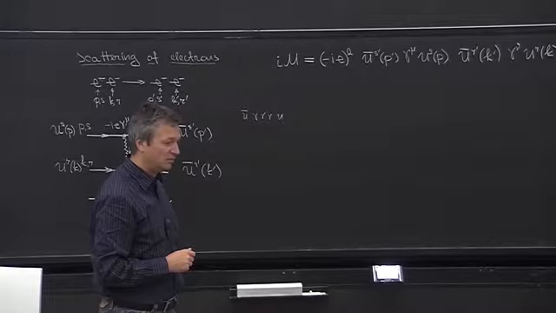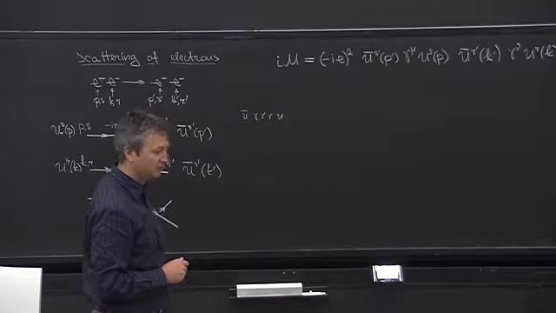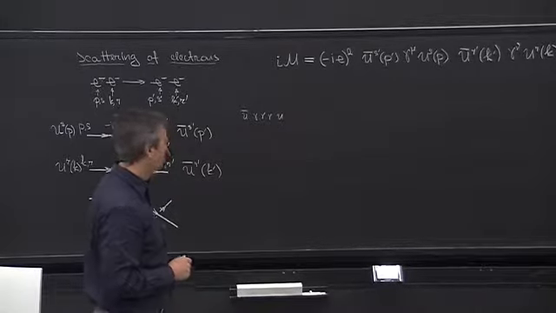So what about these two lines that are parallel to each other? You first read the first line on the right, then you read the second line on the right. Yes.